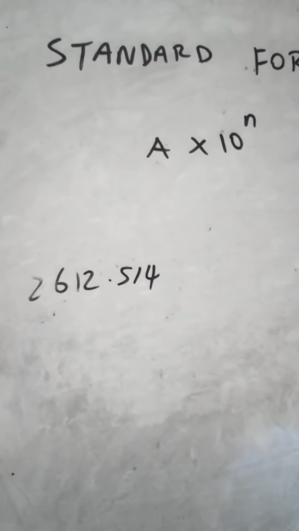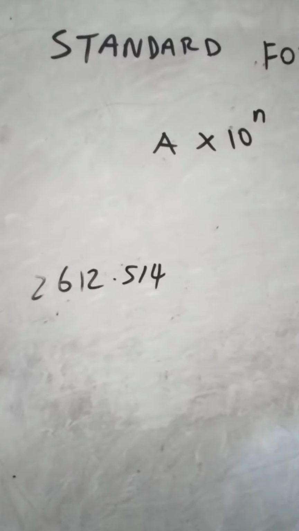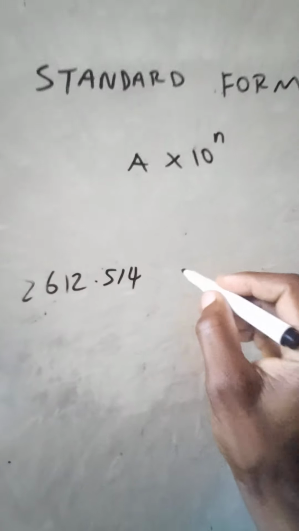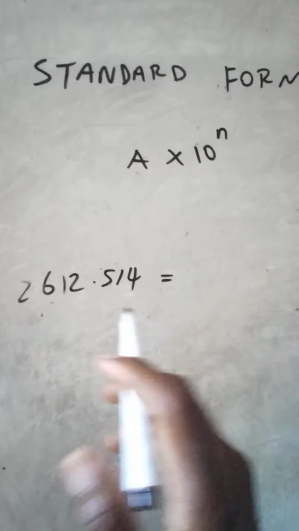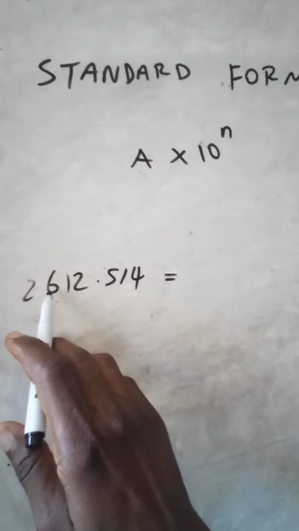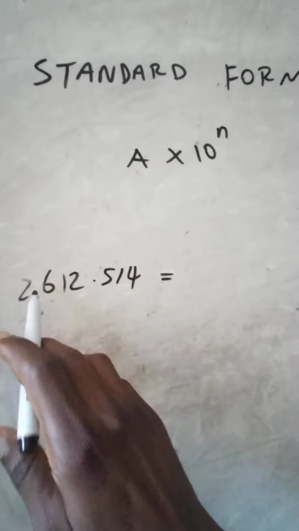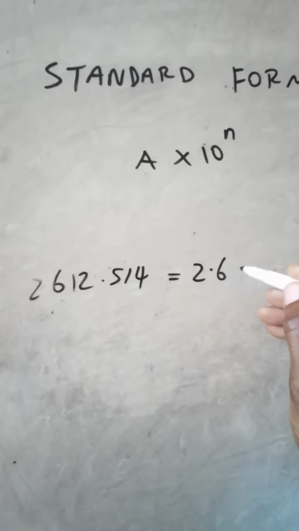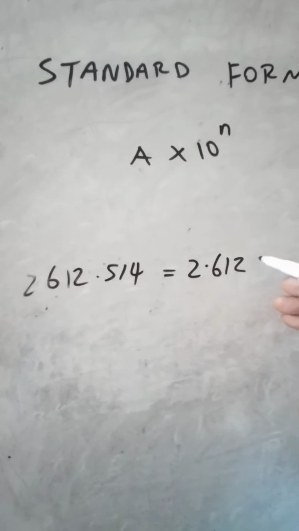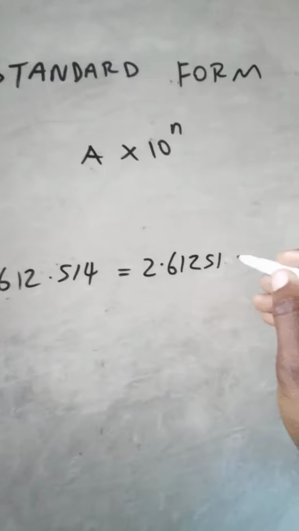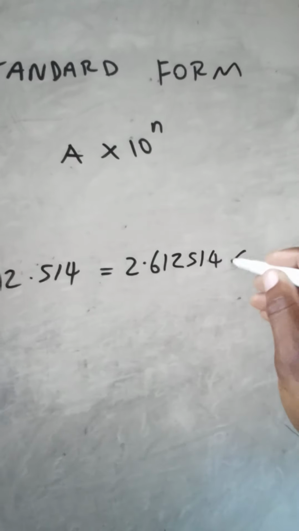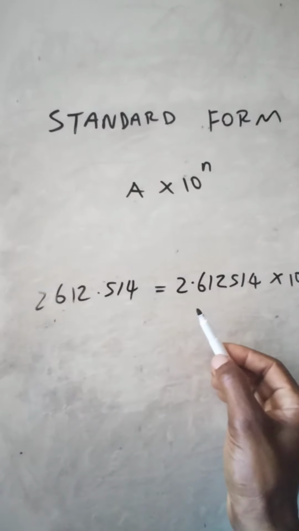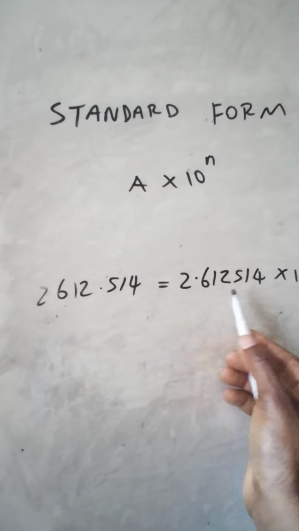Here's the last one. So we have 2612.514 to be written in standard form. First step is to put the point after the first number between 1 and 10, which is this number. It's going to be 2.612514 multiplied by 10. Okay, so this is the new number that we have written in standard form.